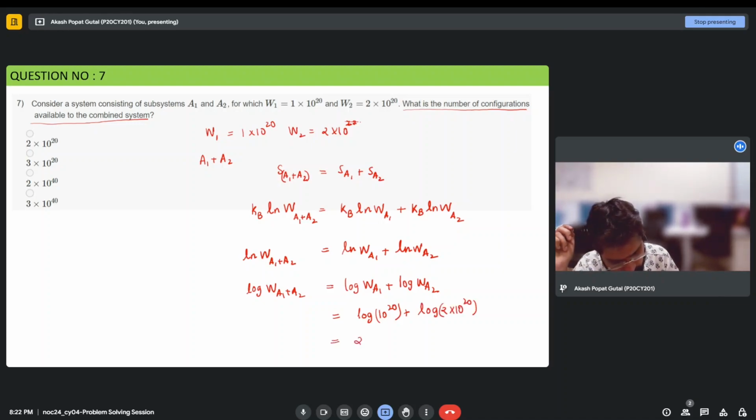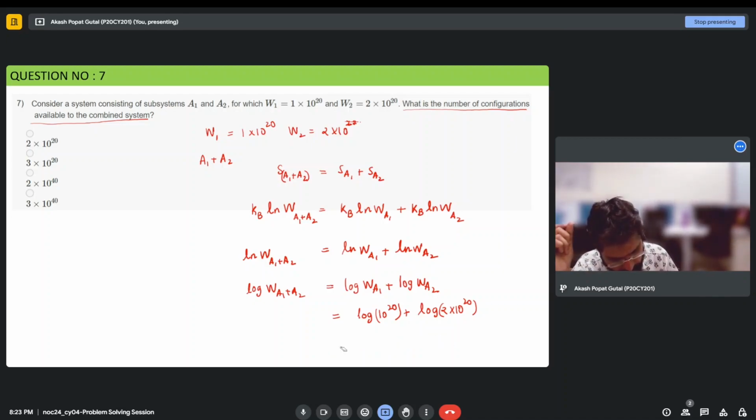So what we'll be having is 20 plus log of 2 plus 20, which is nothing but, okay, we should not write it like this.